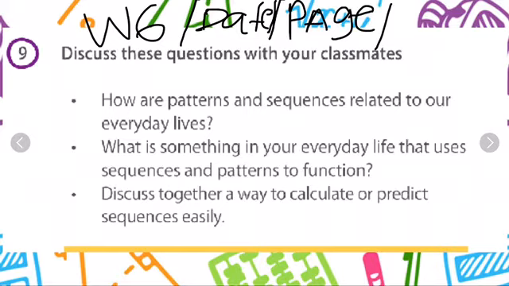Depending on the patterns of your clothes, we have a sequence. Maybe Mondays you wear blue and Tuesdays you wear purple, and so on. Maybe that is your pattern, to change the color because of your emotions. There are many ways it can be related to your everyday lives. Now, on the second question: what is something in your everyday life that uses sequences and patterns to function?